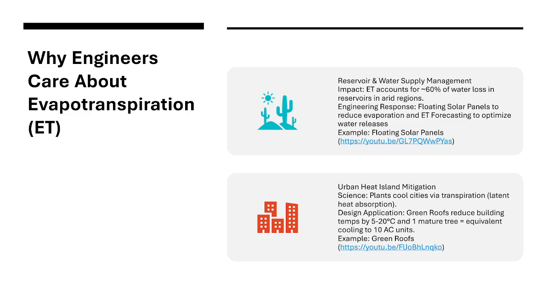There is an example here, but I will just tell you. In hydrologic matters, these floating solar panels reduce evaporation. Why?